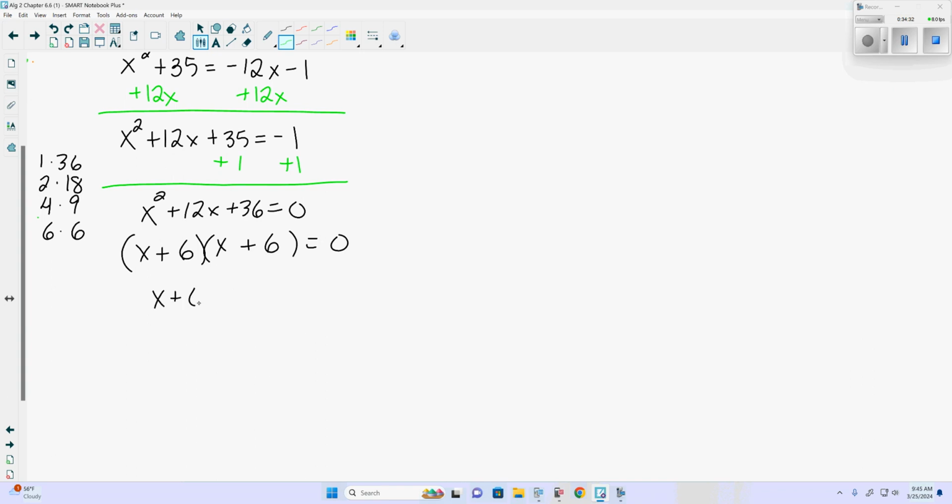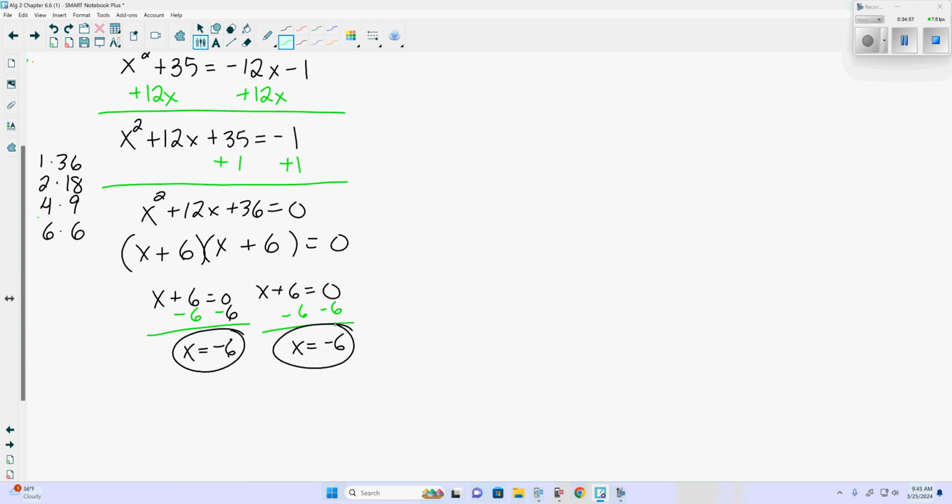Zero product property states that if we have 2 or more things multiplied together to equal 0, one of them must be 0. And if we graphed it, it would give us the single point negative 6.